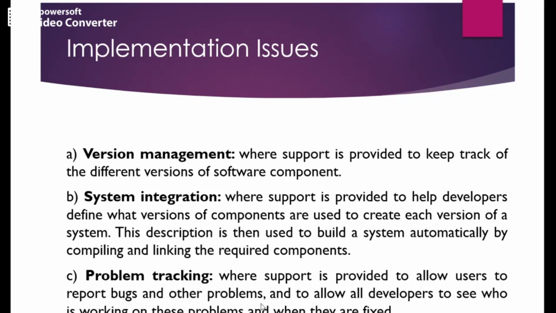So users, once they start using it, you should provide a platform where they can report the bugs or whatever problems they face, and to allow all developers to see who is working on these problems and when they are fixed. So the developers should be able to see who's working on all those codes or software and how it is being fixed.